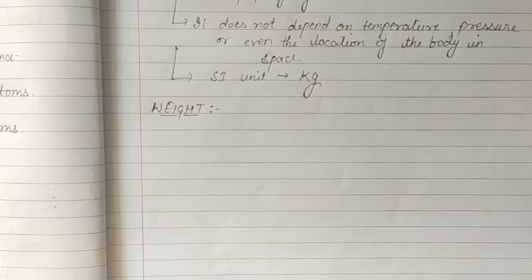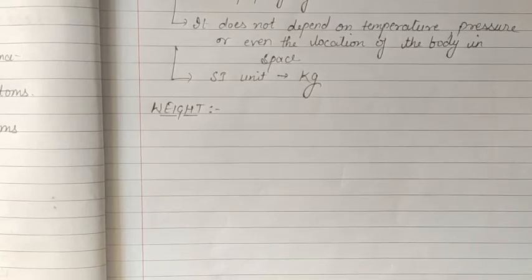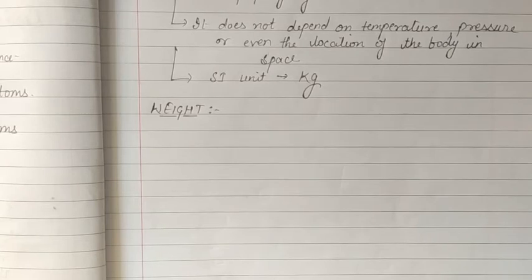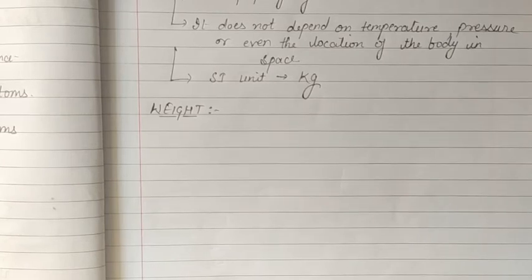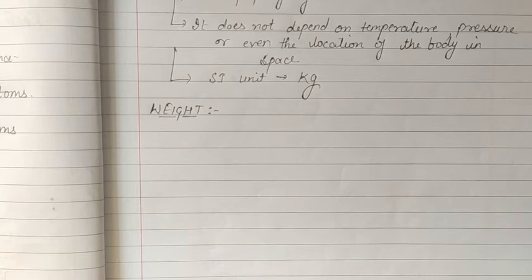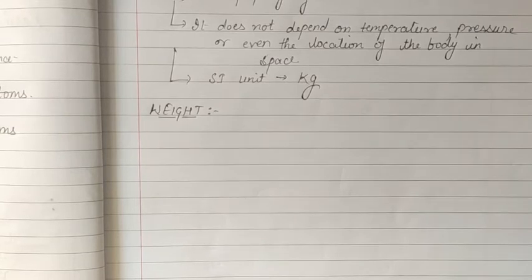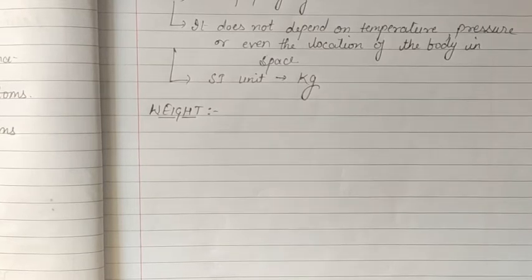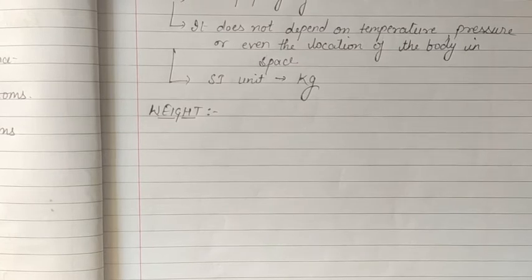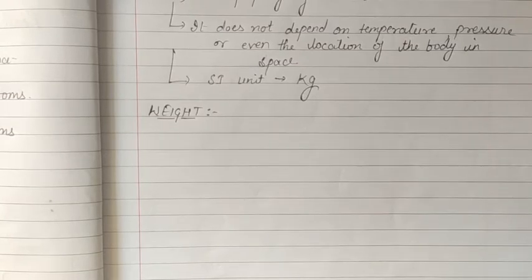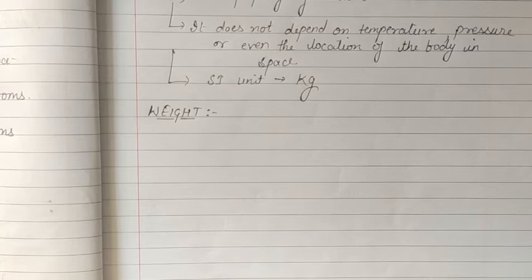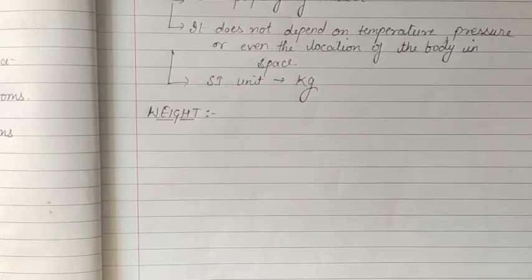The gravitation of earth tries to pull the object towards its center, and earth applies some gravitational force to all the objects. So the force that is applied by the earth to the object, so that it is attracted towards the center of the earth, that force acting on the body is called weight.